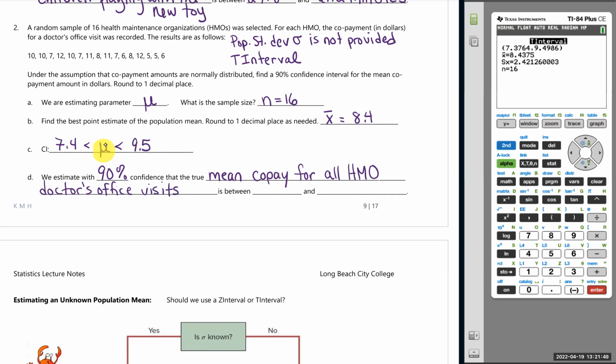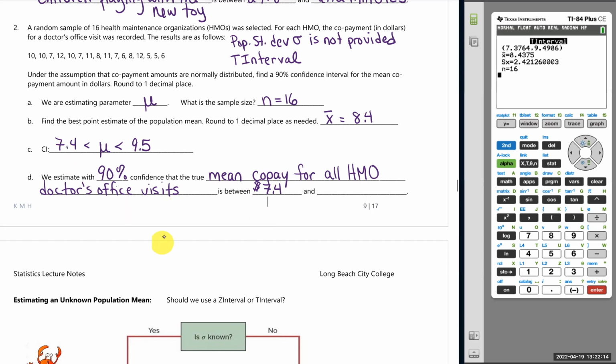We estimate with 90% confidence that the true mean copay for all HMO doctor's office visits is somewhere between, so this is money. I know we rounded to one decimal place, so that would be $7.4 or $7.40, but we're not going to be accurate to the nearest penny there. We're just going to do one decimal place.